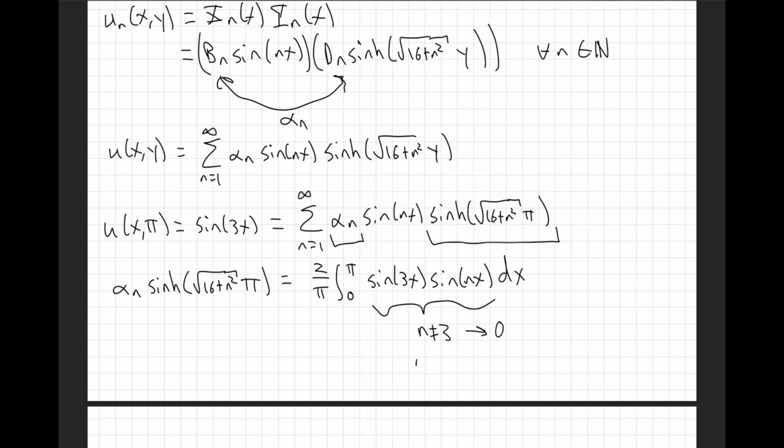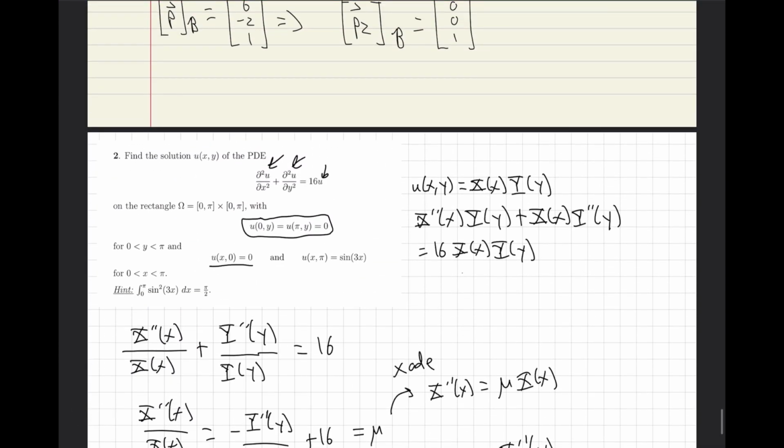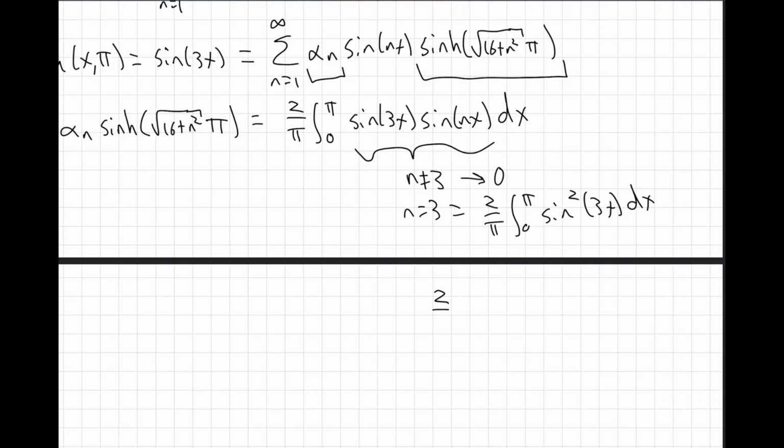If n equals 3, this becomes 2 over pi times the integral 0 to pi of sine squared of 3x dx. Remember in the question, we were given the hint that the integral from 0 to pi of sine squared of 3x dx is equal to pi over 2. So we have 2 over pi times pi over 2. That's equal to 1.